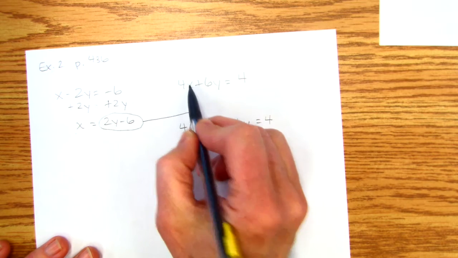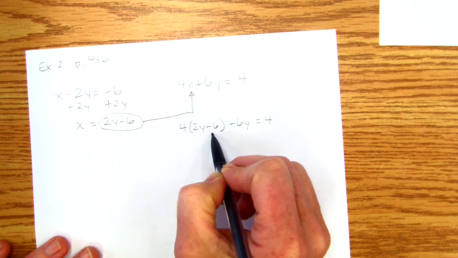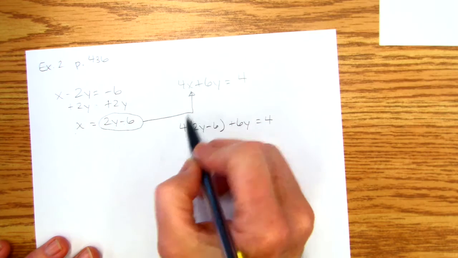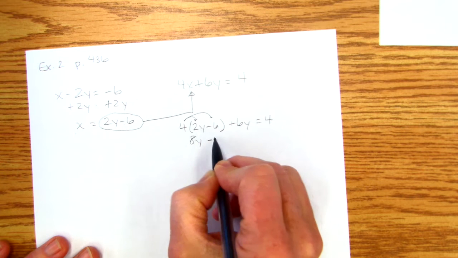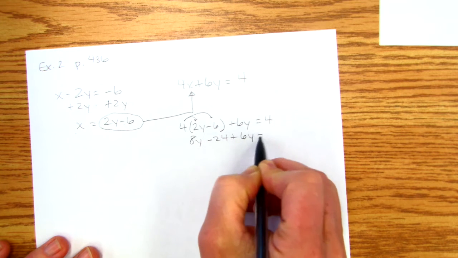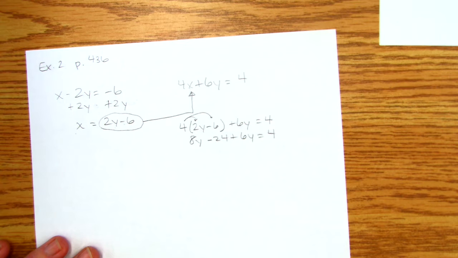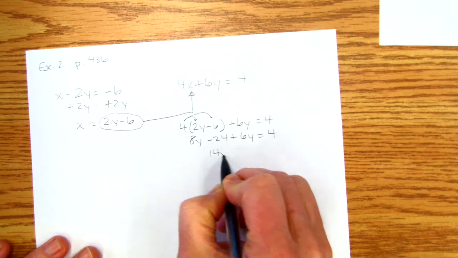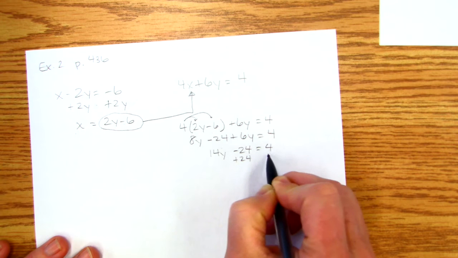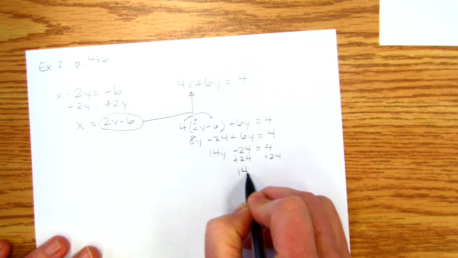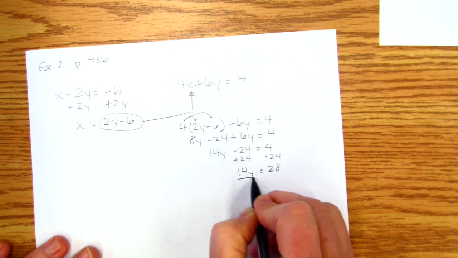So the only thing I've done is replaced x with this new expression for x that only contains a y. And then again, I have to distribute: 8y minus 24 plus 6y equals 4. I'm going to combine like terms: 14y minus 24 equals 4. Then I'm going to add 24, work to get y by itself.